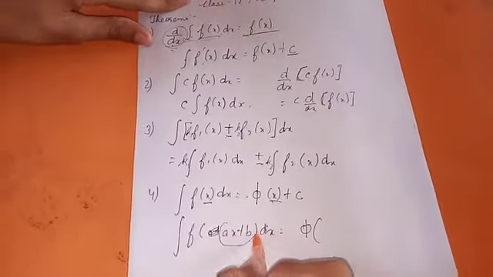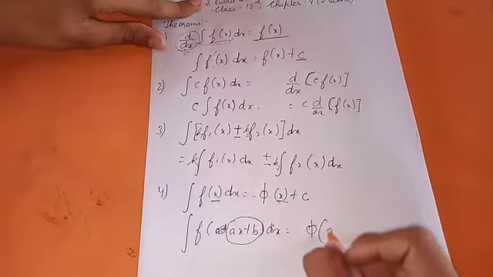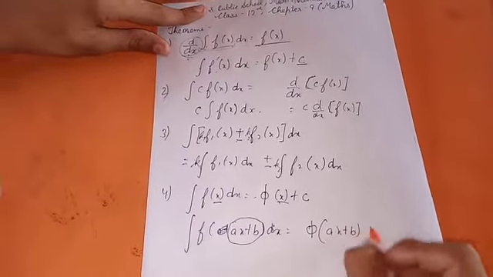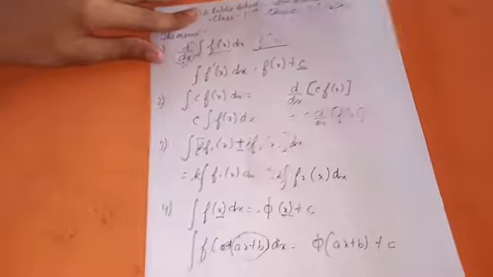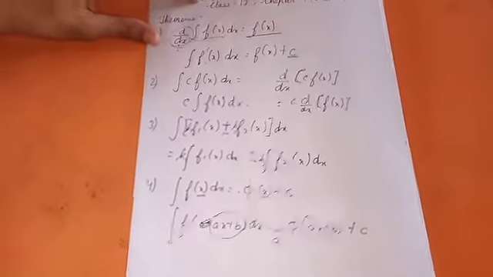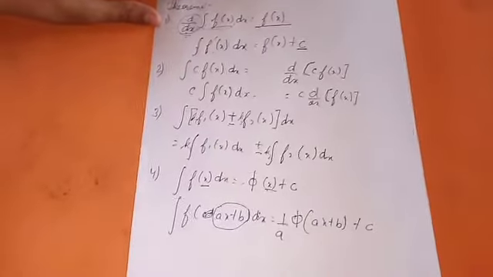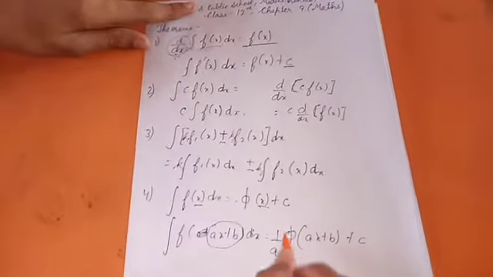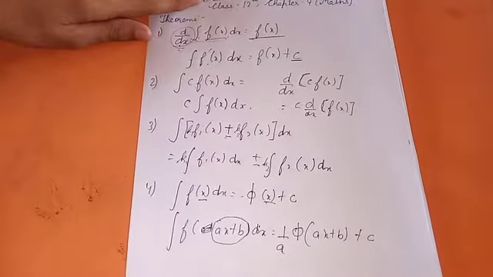Now we have ax plus b, so we will get F of ax plus b plus c, and we have to divide the whole with the constant, that is with a, so we will divide the whole.